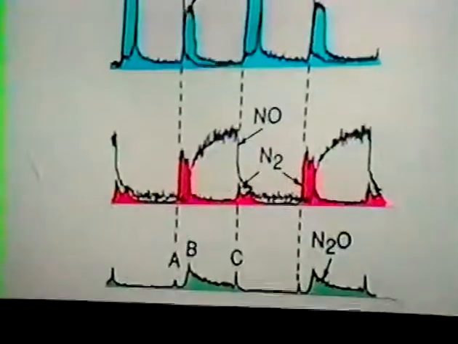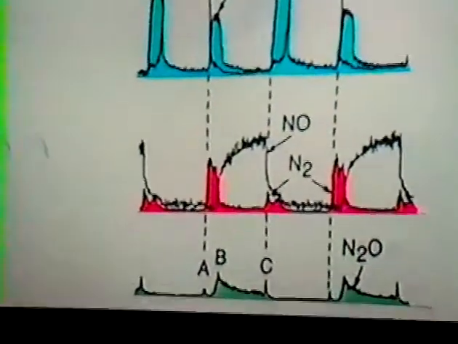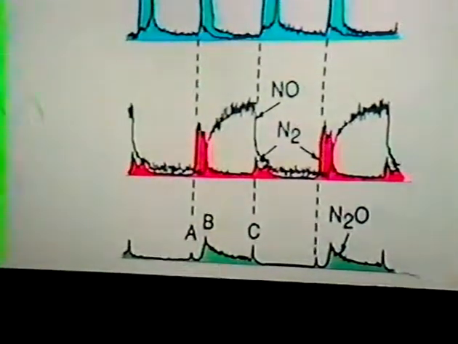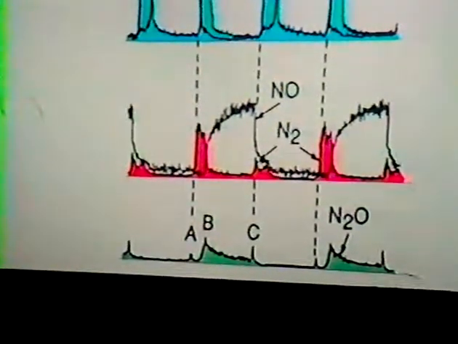Now, we also see a lot of nitrous oxide formation during the nitric oxide half cycle. I'd like to emphasize again that the catalyst is being deactivated due to the accumulation of oxygen derived from the nitric oxide during the nitric oxide half cycle.